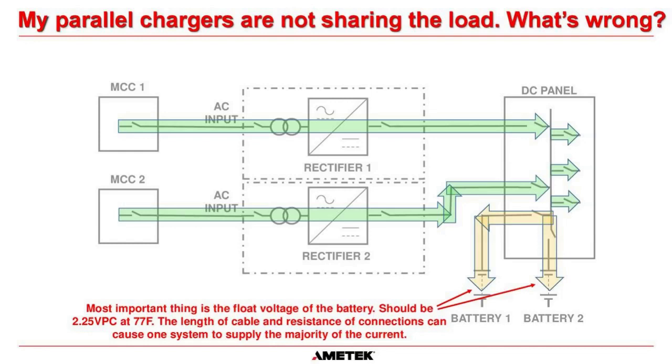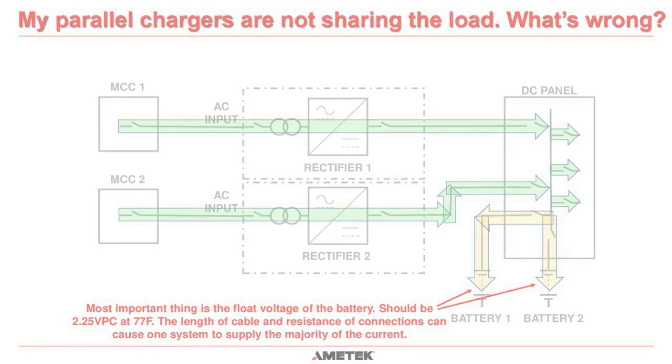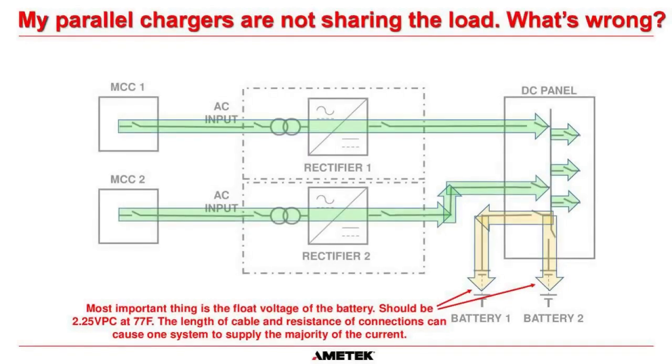Now, you have two rectifiers here. They're going to be probably very close to each other in a switch room somewhere. Sorry, let me just put my whiteboard back on again so I can show you. This cable here, the output cable to the DC panel from charger 1, might not be the same distance as the output from charger 2 to the DC panel.